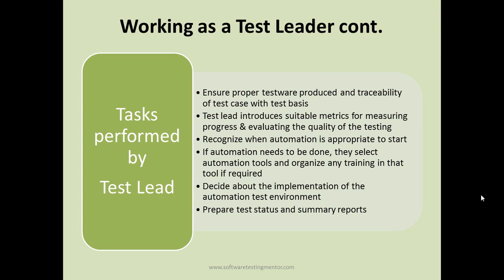So he's the kind of person who does the estimation, planning, monitors and controls the execution, and then finally he prepares test status and summary reports and makes sure that all testware that was committed to be delivered to project stakeholders has been delivered. So he's the whole end-to-end responsible person for all the test execution and monitoring activities.